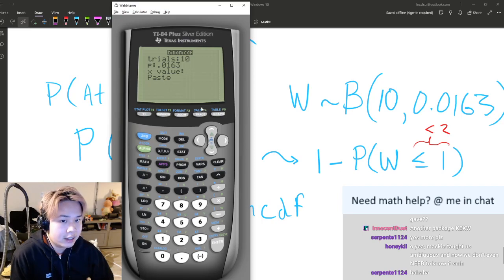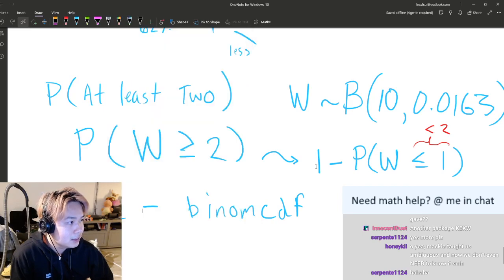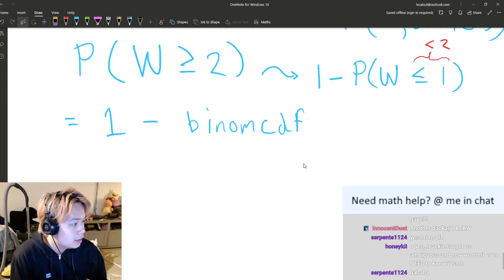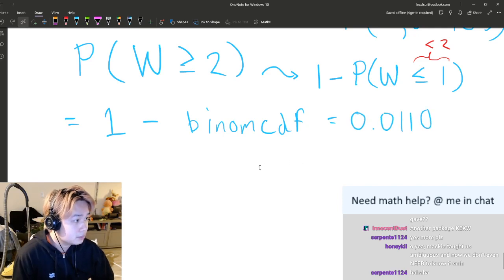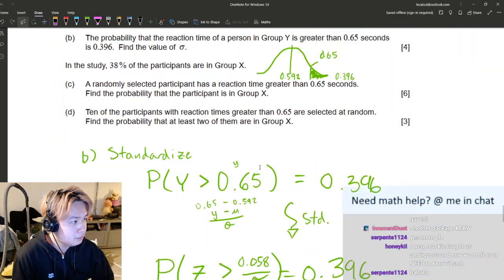And our x value is 1. So press equal, and here's our answer: 0.01096. Round it to 3 significant figures, then it's 0.011. This was a pretty tough question.